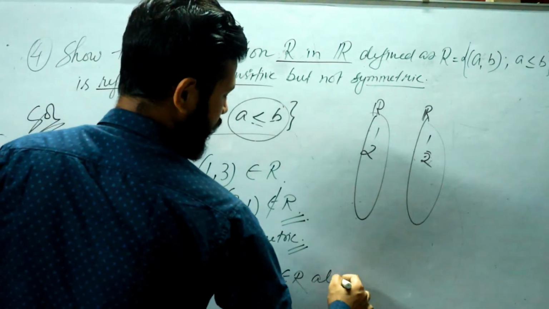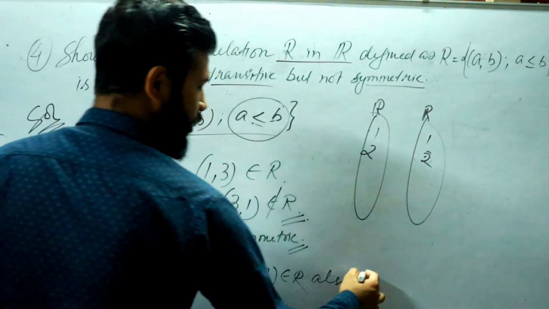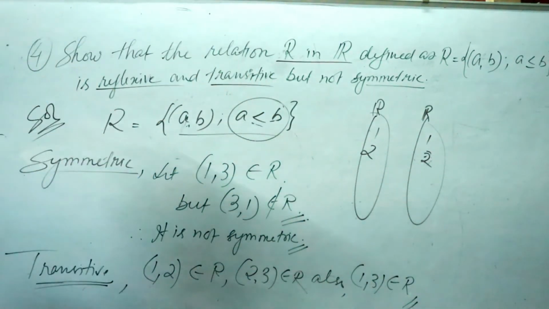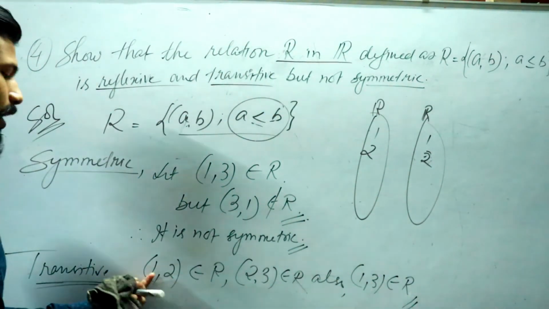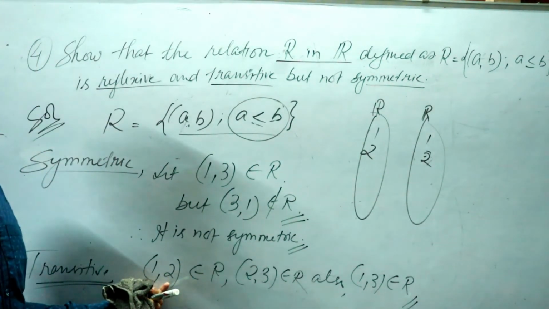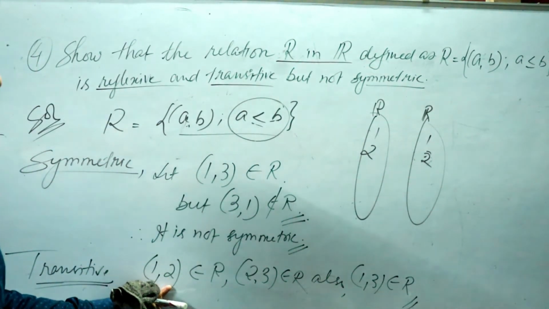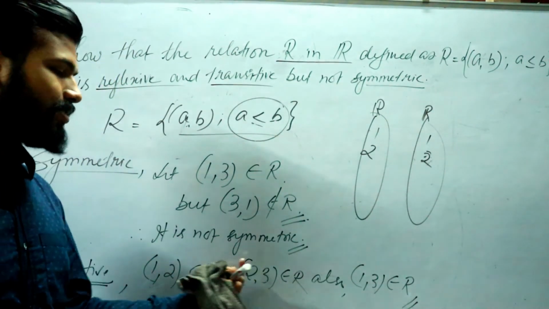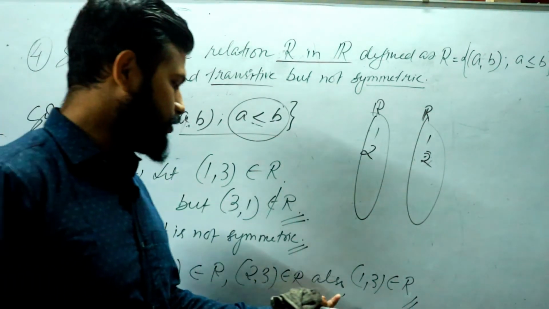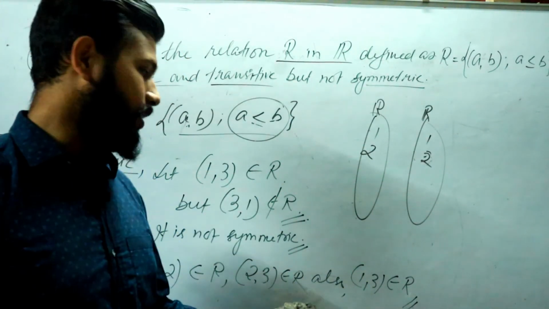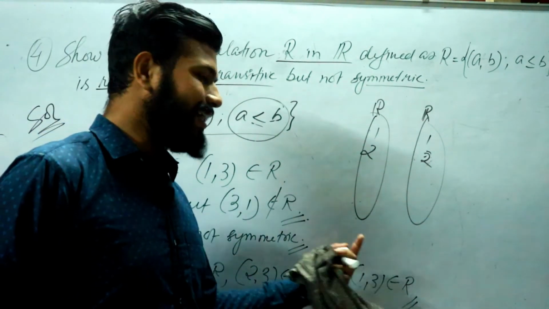Also, we can say that (1, 3) also belongs to the relation. It is your own example. Very simple, because (1, 2) belongs to the relation since 1 is less than 2, and it suits this relation. And (2, 3) also belongs, because 2 is less than 3, definitely. And then (1, 3) is also in the relation, because 1 is definitely less than 3.